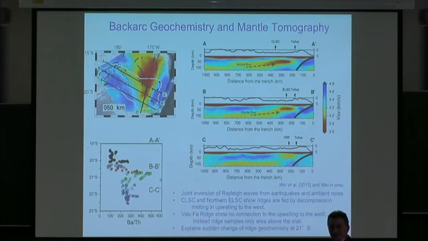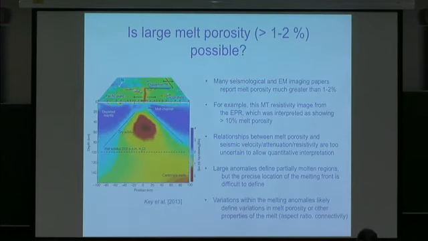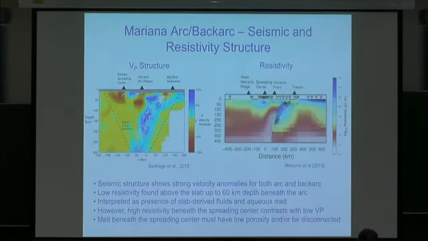The Mariana image that I showed, let's see, where was it? This one was done with P waves, and so the wavelengths of those waves are smaller, and so we are here able to nicely resolve the separation of the volcanic arc and the backarc spreading center.